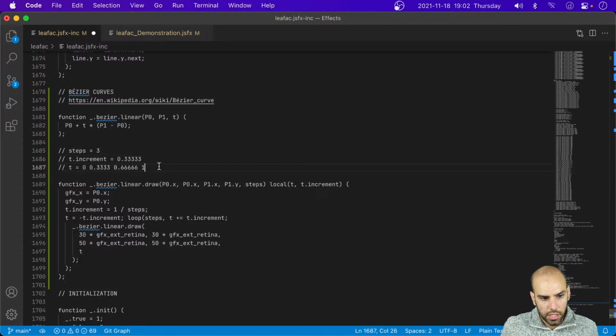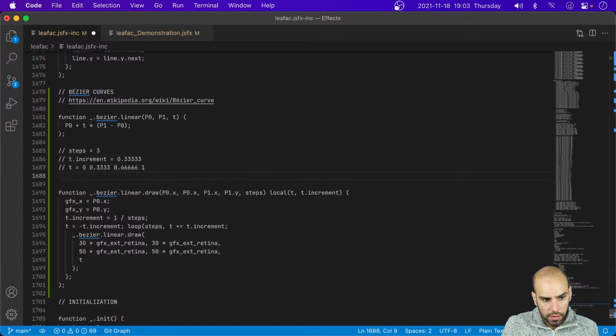And this over here is going to be 1 call to the drawing function, another call to the drawing function, and another call to the drawing function. So 3 calls to the drawing function. Okay, everything up to this point is making sense. So how many calls do we need to make? 3 steps, 3 calls. And then the increment is going to be 1 divided by the number of steps. Okay, I think I got this.